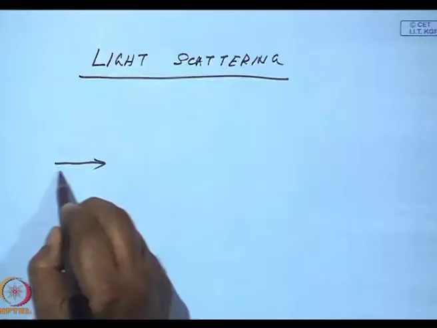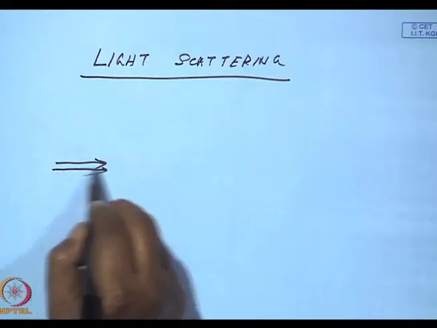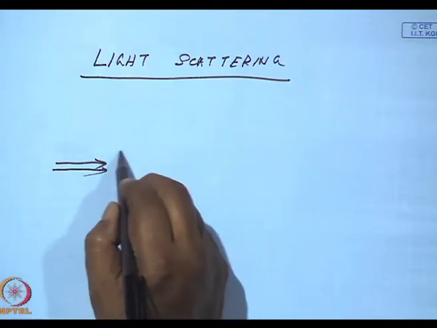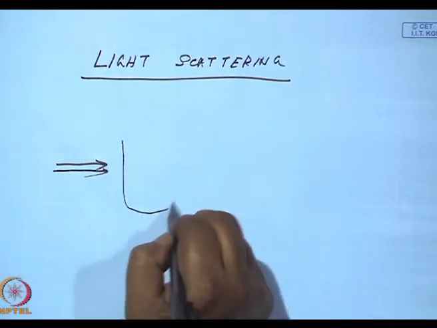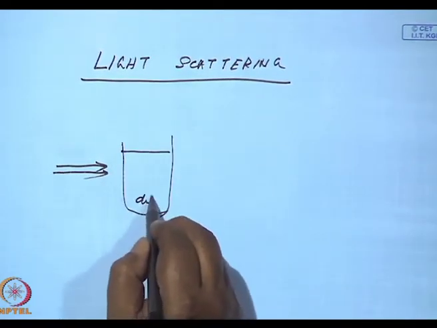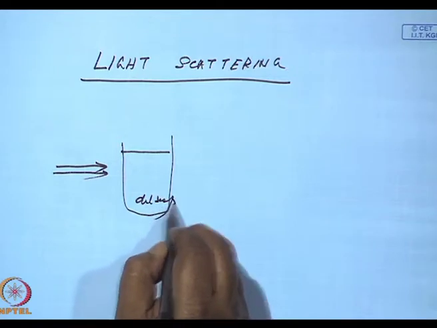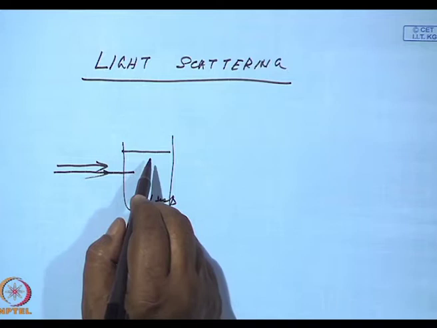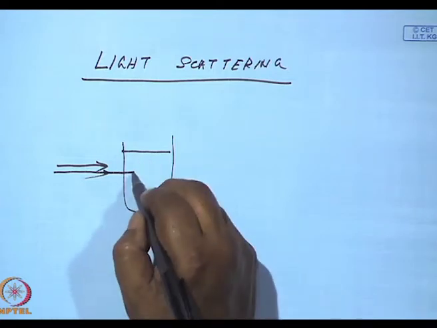So, what happens? Light comes in, a very narrow defined beam of light, and it passes through a beaker which has a very dilute suspension. Depending on the particle size, what will happen?